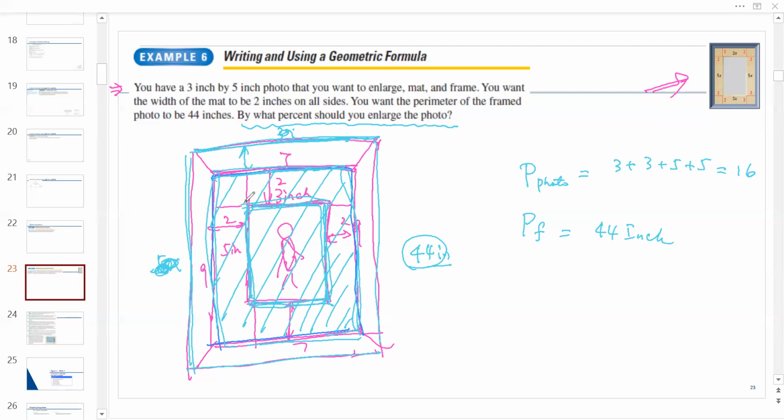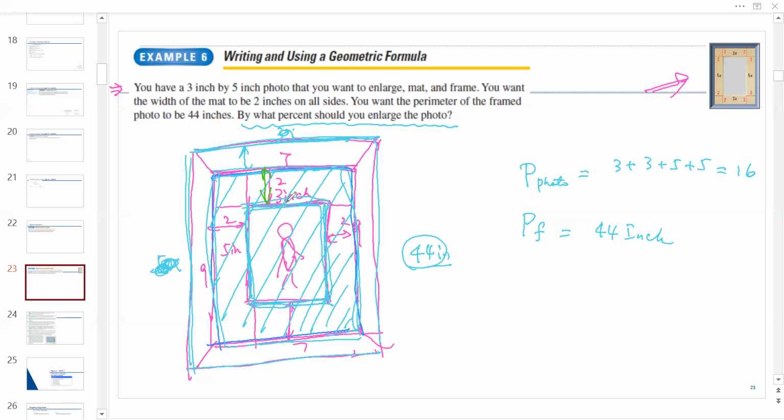All right, so maybe make it a little bit clearer. Let me redraw this one in a different color. You guys can understand a little bit better. So here, 3 inch, you need to enlarge the picture and then put it inside this frame, right? And then make it a mat, and the edge becomes 2.